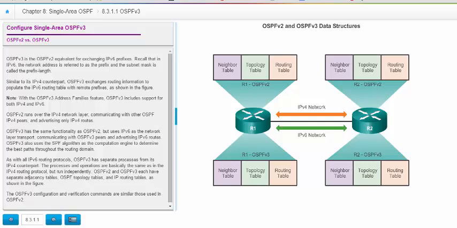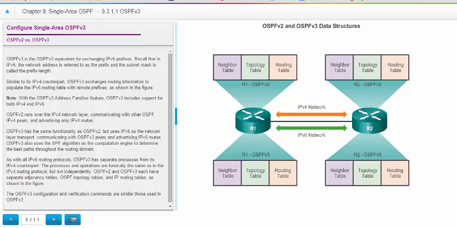Also, OSPF version 3 uses the SPF algorithm as the computation engine to determine the best path throughout the routing domain. And with all IPv6 routing protocols, OSPF version 3 has separate processes from its IPv4 counterparts. These processes and operations are basically the same as the IPv4 routing protocol, but they run independently.